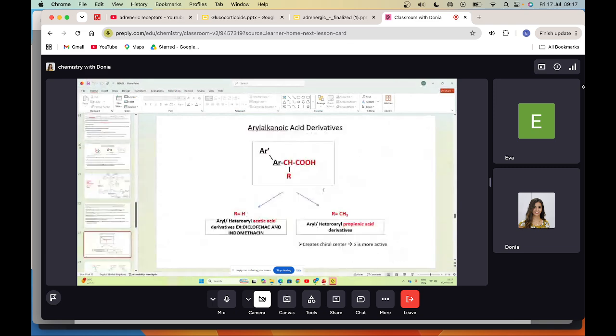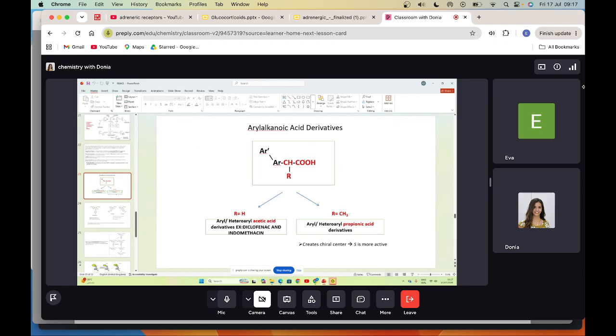So the other class is the aryl alkanoic acid derivatives, or what they would call the aryl acetic acid or aryl propionic acid. This class has a general SAR: we have an aryl ring attached to a carbon and then a carboxylic acid group.